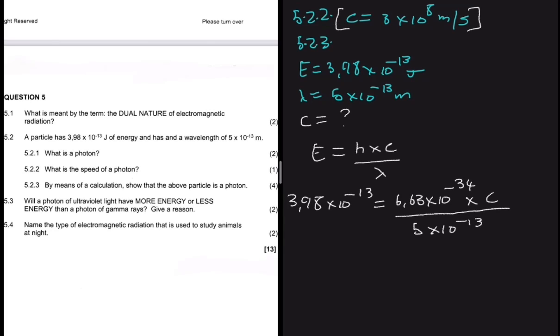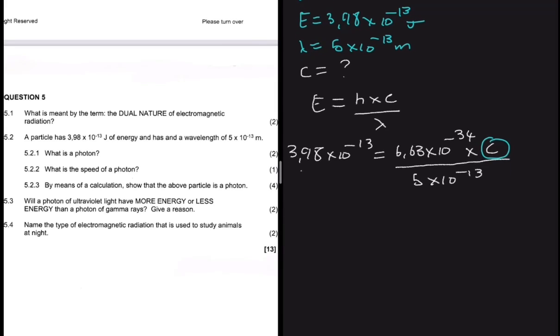So now the physics is essentially done. We just have to solve for C, right? So let's take it easy. Let's not do any complicated math. Let's just go ahead and cross multiply. So if we do that, we're going to get 3.98 times 10 to the minus 13 multiplied by 5 times 10 to the minus 13.